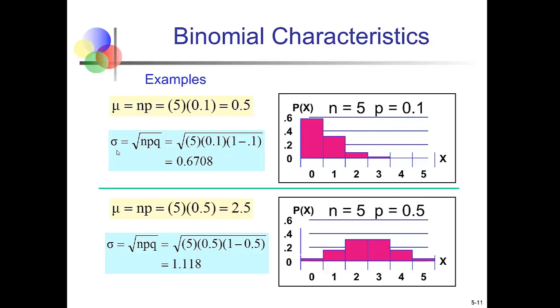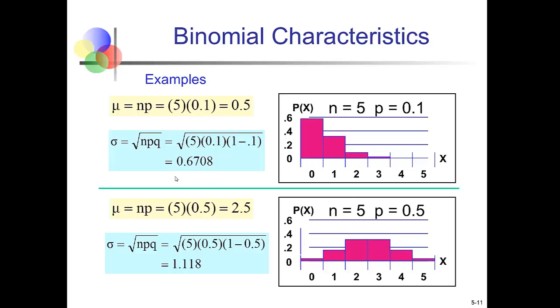We can calculate the standard deviation for this. So the standard deviation is the square root of n times p times q. So the square root of 5 times our probability of success, which is 0.1, times our probability of failure, which is 1 minus 0.1 or 0.9. If we simplify that, we see the spread in this distribution is 0.6708.